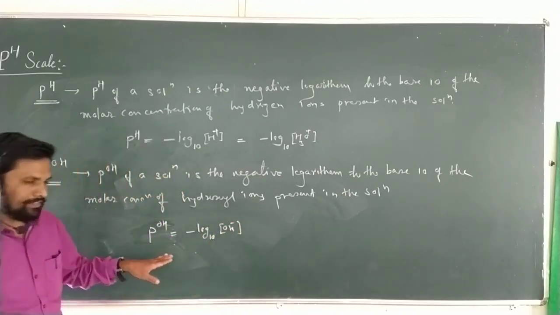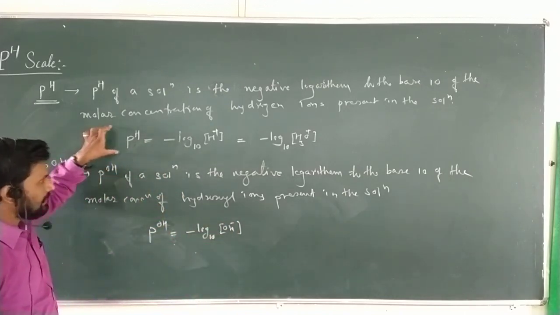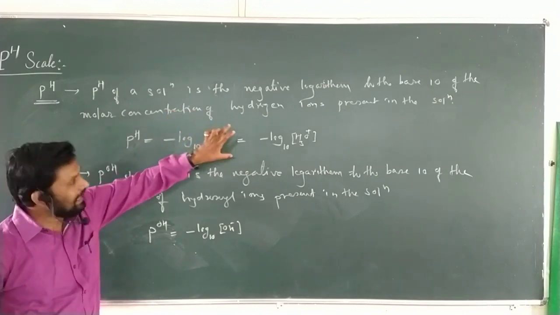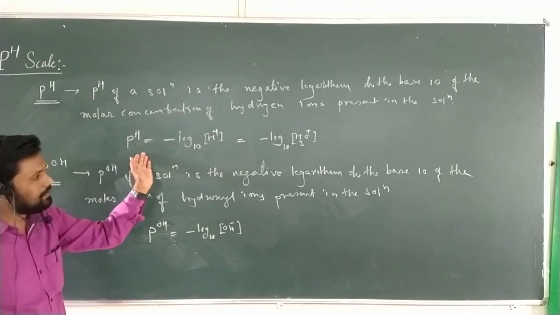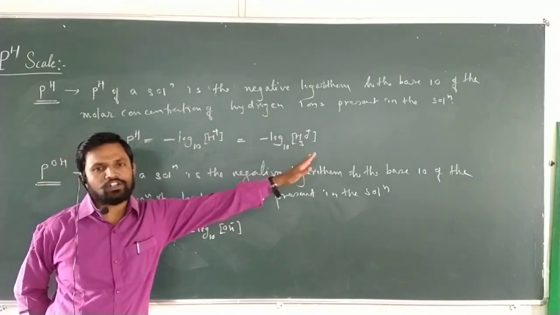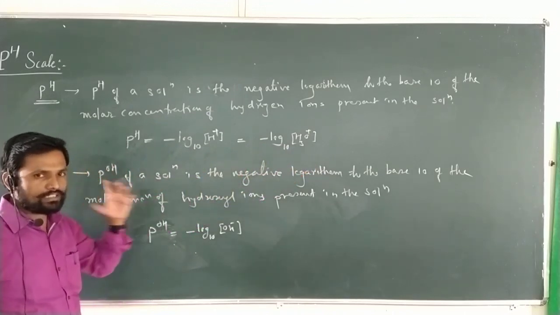Now what does it indicate? pH indicates whether a substance is acidic in nature, and how acidic it is. If pH is 0, 1, 2, 3, or 4, meaning the pH value is very low, it is a strong acid.